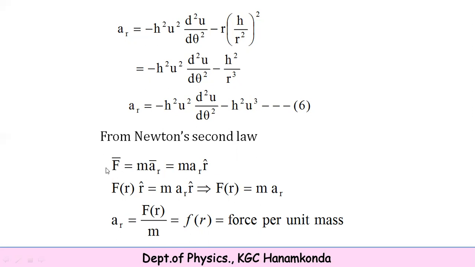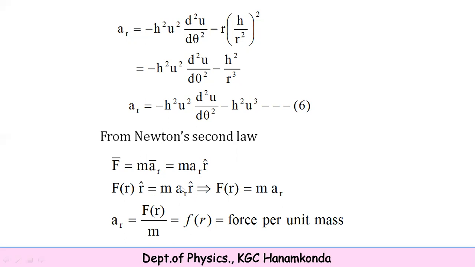But we know that the central force is defined as a function of radius vector into r cap. Because the particle is moving under the influence of central force, we write the force F as a function of the radius vector into r cap. F of r into r cap equals m into a_r into r cap.